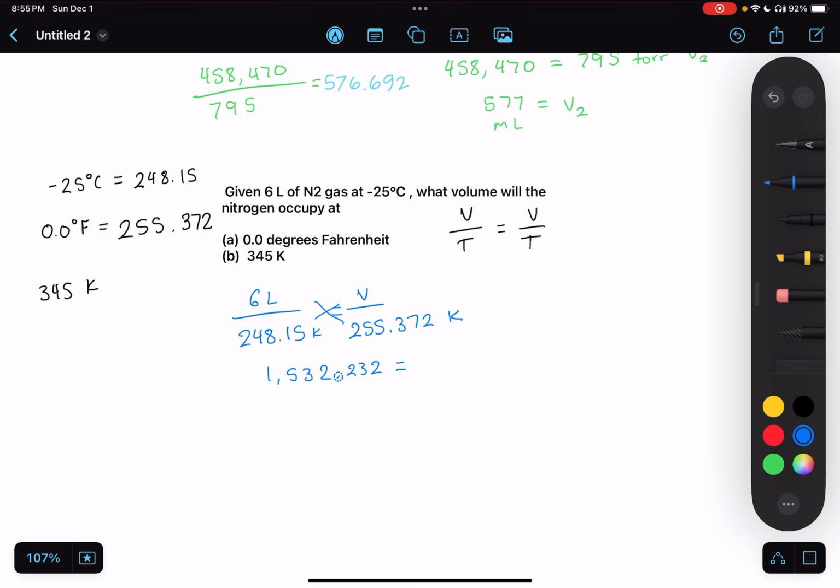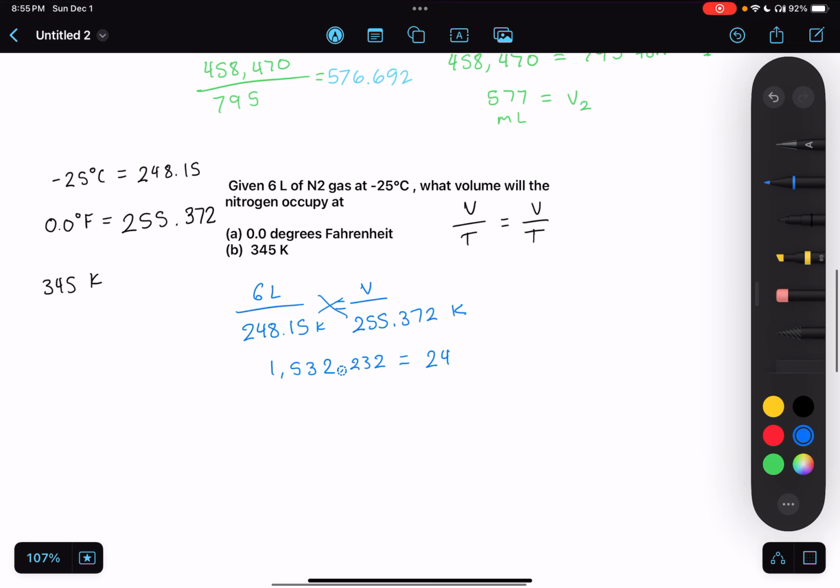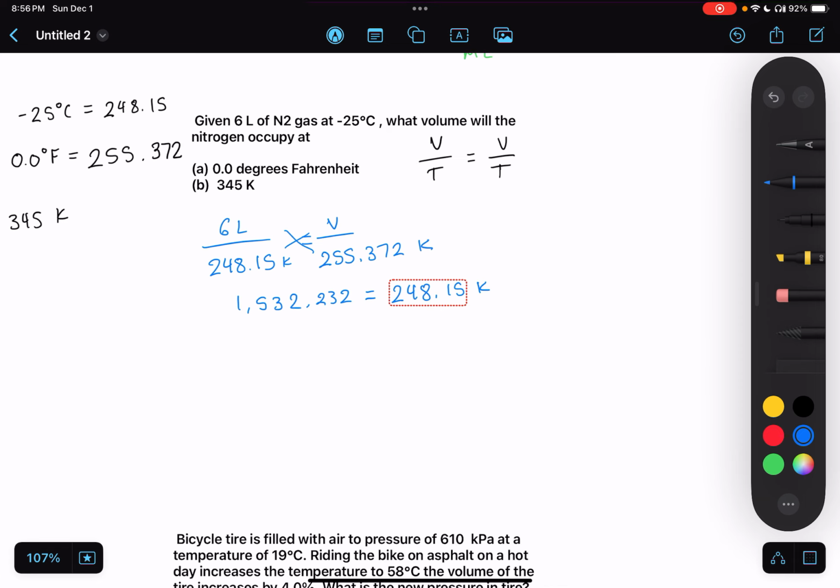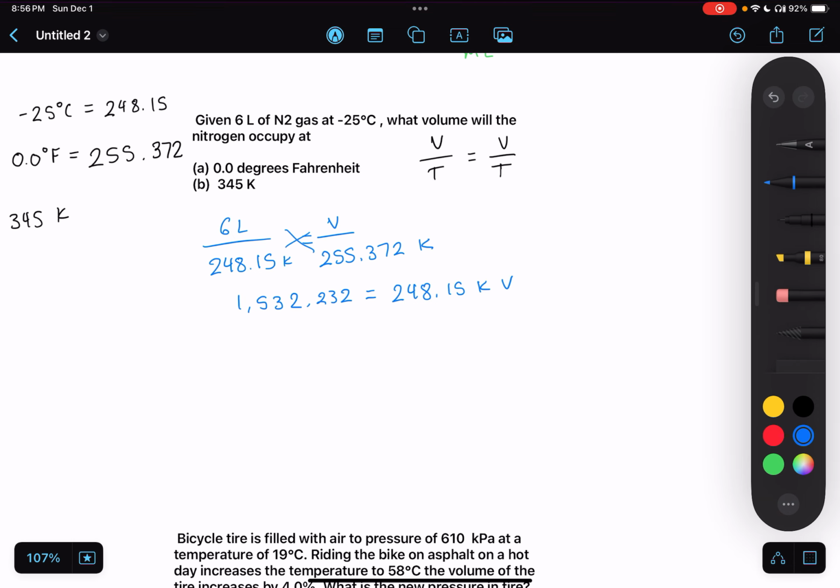So all we got to do is divide 1,532.232 by 248.15 K, and then we're going to find the volume. Okay.